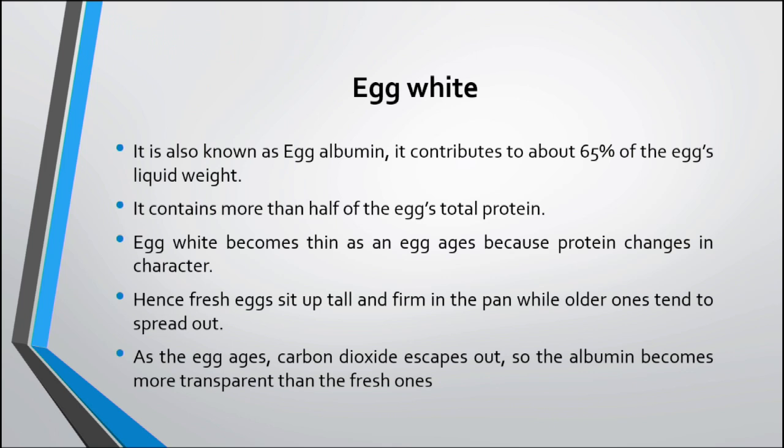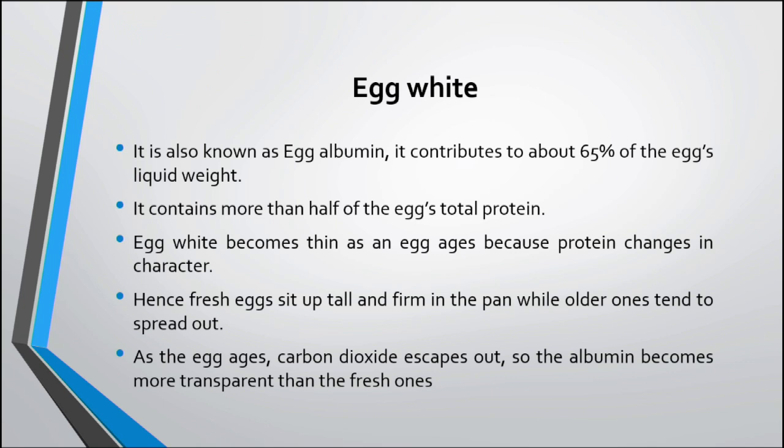Egg white becomes thin as an egg ages because the protein changes in its character. A fresh egg has a thick white, and when it gets older, the egg white becomes liquid, which is why its strength is weakened.